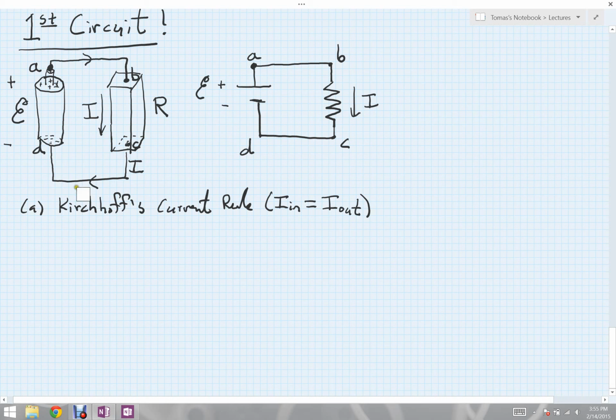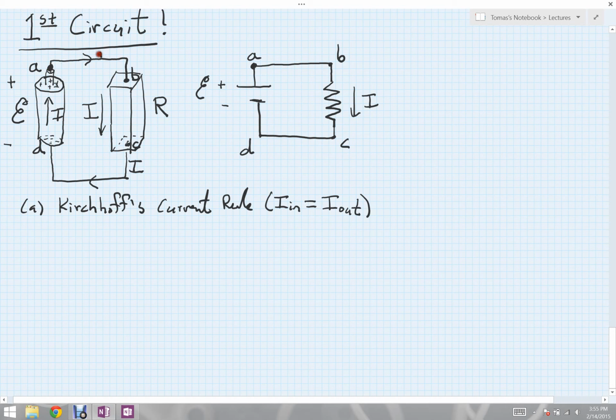Similarly, as it goes around this wire and enters the point D, the current going into D must match the current flowing inside the battery. So the current I must also flow through the battery here in the upward direction. When it gets to point A, again, current I flowing into A must match the current I flowing out along this wire.